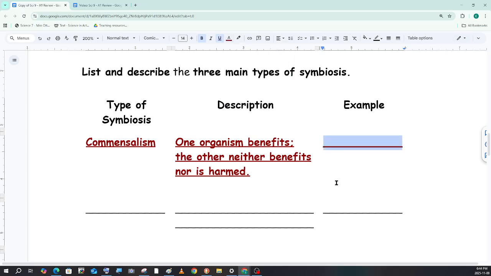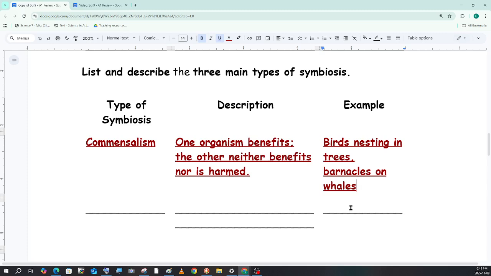All right, so an example of commensalism would be birds nesting in trees and barnacles on whales. In the first example, the tree is not being harmed by having a nest in it. It doesn't make a difference to the tree. And in the case of the barnacle on the whale, the barnacle doesn't actually have any harmful effect on the whale. It just attaches itself to it.